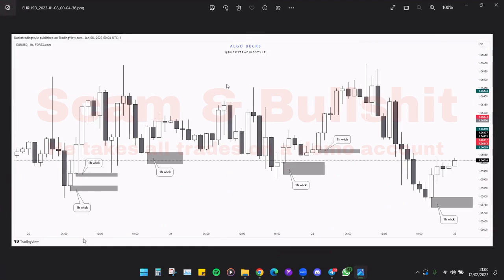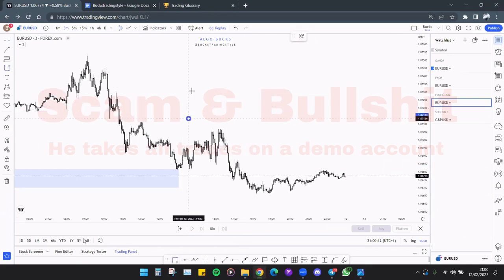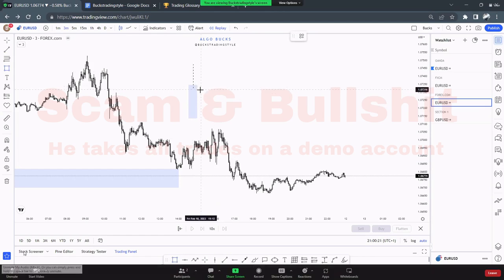There is something that we call unmitigated wicks. Let me use TradingView for this. When we have this right here, then we have a wick to the upside, and the next candle probably forms from here.